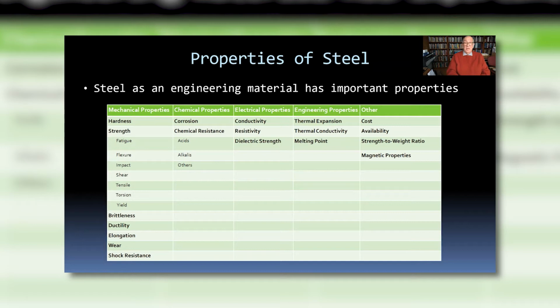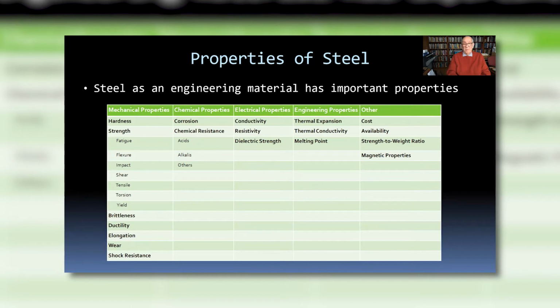And I wanted to give you some idea of the mechanical and different properties of steel. We talked in an earlier lunch and learn about the fact that steel is an alloy of iron and carbon and manganese. And we add other elements to the mix in order to get various either mechanical properties, chemical properties, electrical or magnetic properties, and certain other advantages.